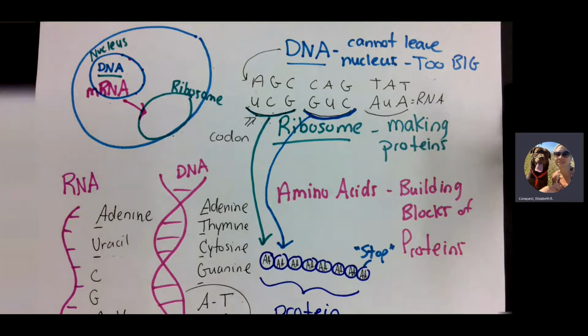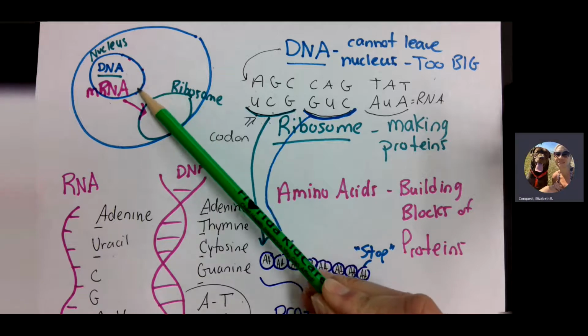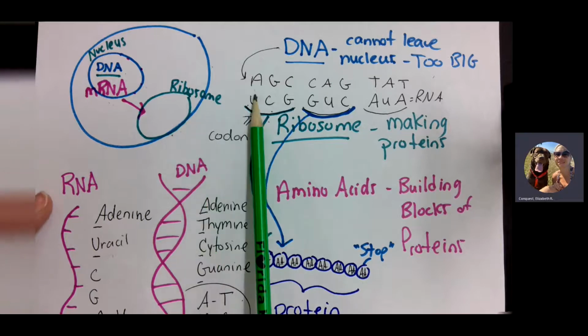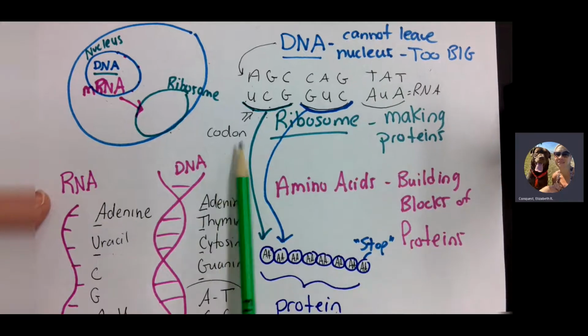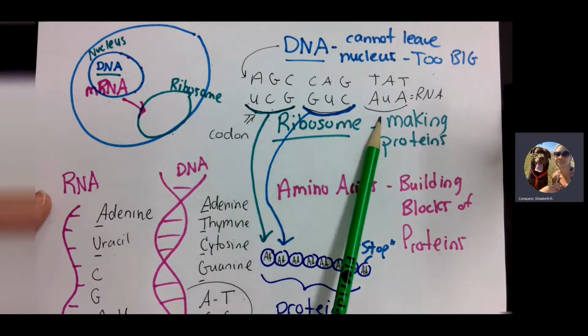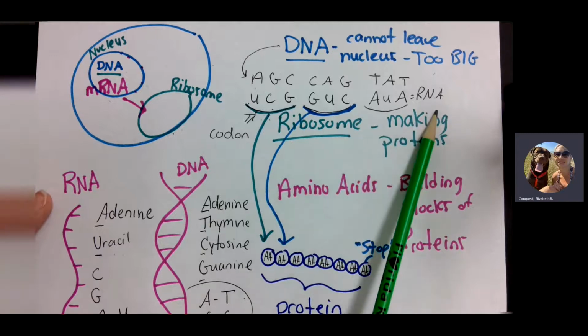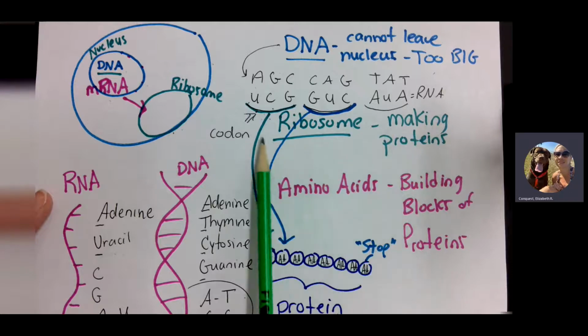We have our cell with a nucleus, our DNA turned into messenger RNA, carried the message to the ribosome. So this was our example of our first 3 codons. Remember, the word codon is every 3 letters. And when they were changed into RNA, we used our little decoding chart to find the name.